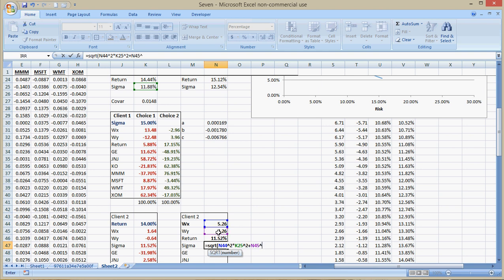The weight of Y squared times sigma Y squared plus 2 times the weights times the covariance, close parenthesis.